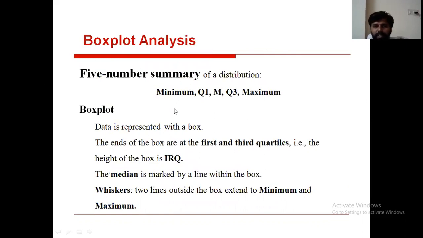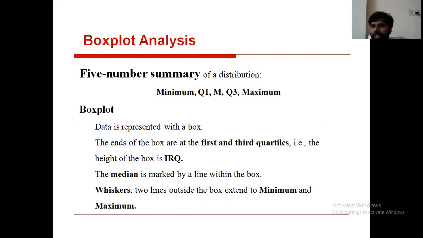It is a 5-number summary. Box plots are used to represent the data. Here data is represented in the form of boxes. Because of that reason, this is called a box plot, right? Here the box plot has two quartiles. The first quartile is represented with Q1 and the third quartile with Q3. The difference between the third and first quartile is called IQR.